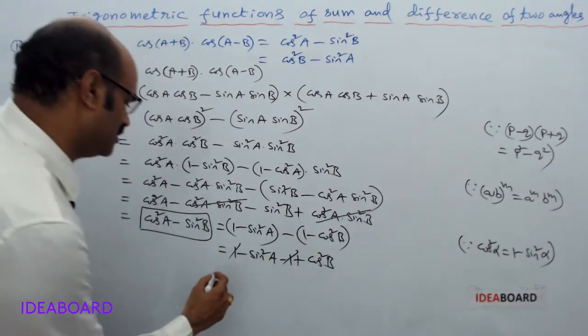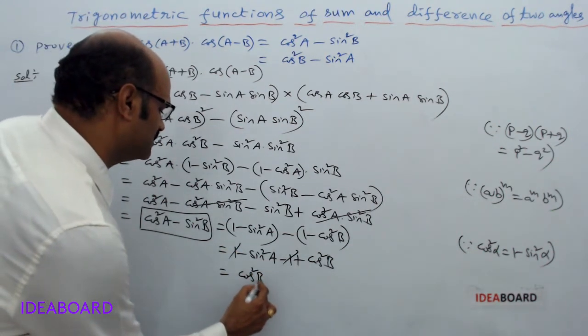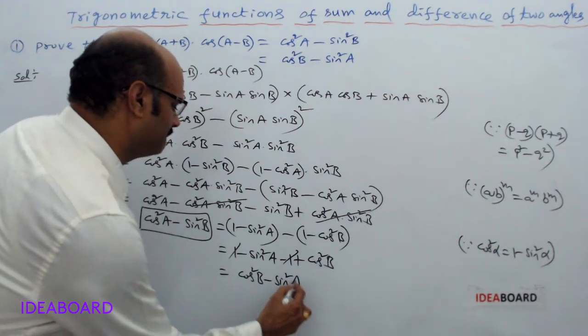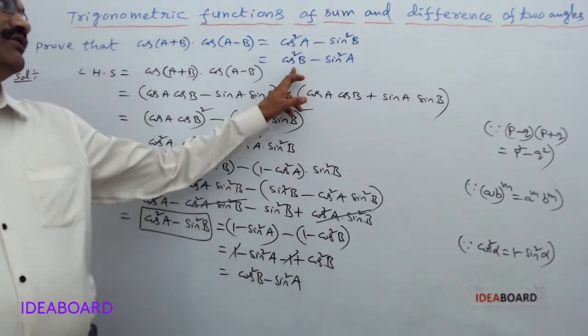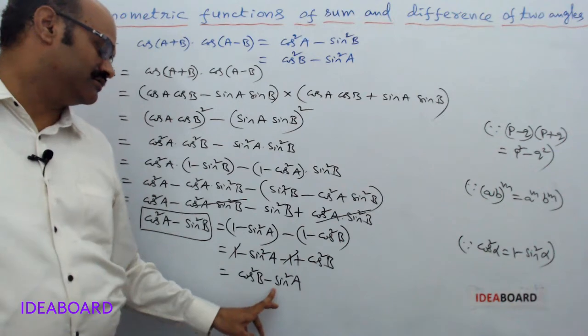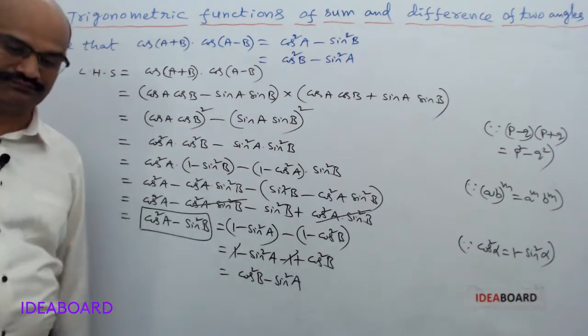So it equals cos square B minus sin square A. Hence proved.